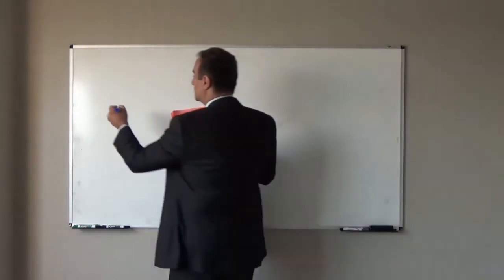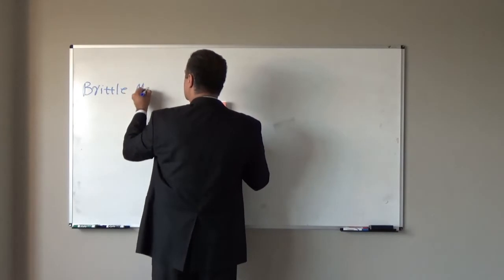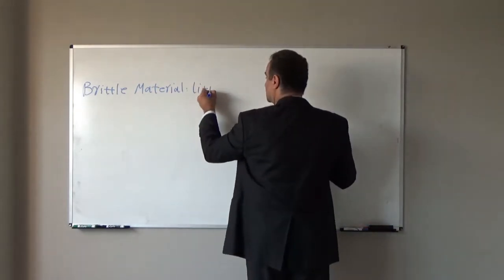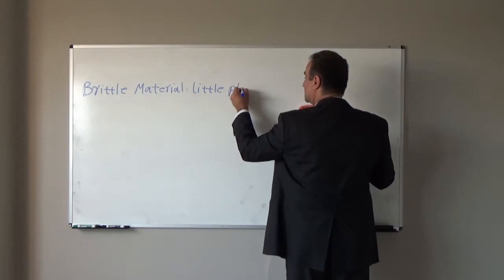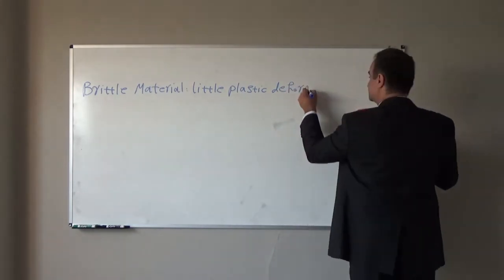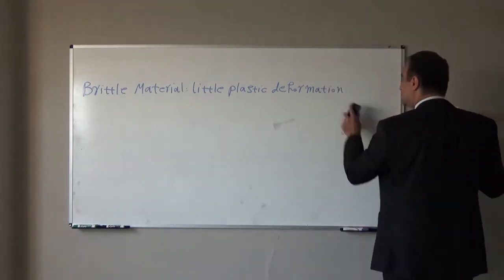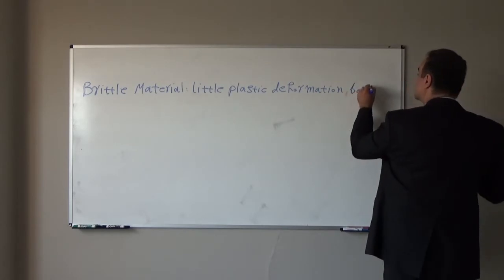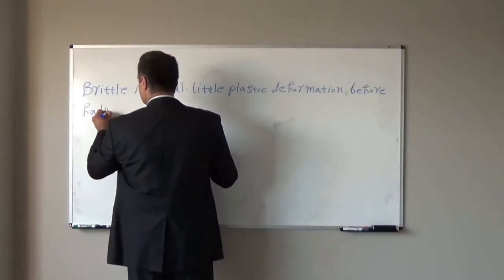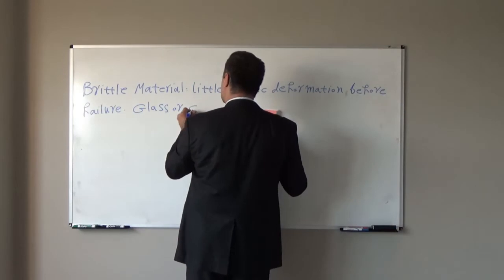We will call it brittle material: little plastic deformation before failure, such as glass or concrete.